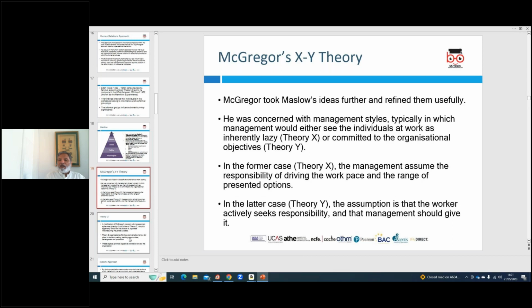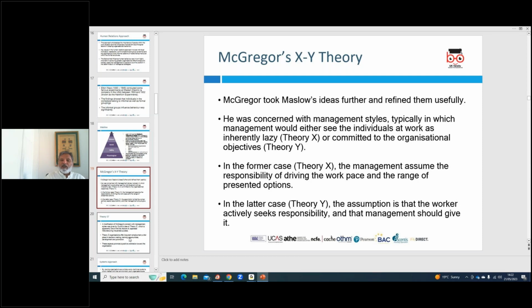He said people do not want to seek results as a result of responsibility, and therefore people who are responsible should motivate these people and give them some kind of reward, some kind of allurement, a higher salary, some kind of responsibility. So he named these theory X and theory Y.